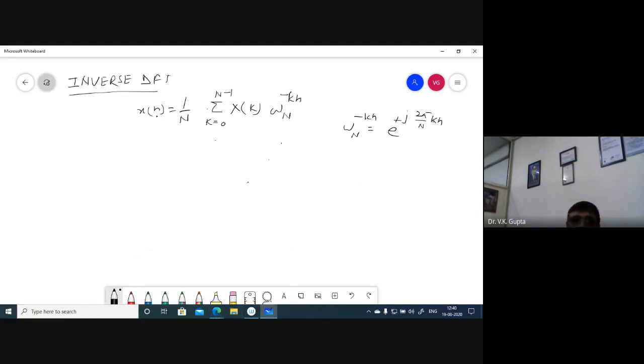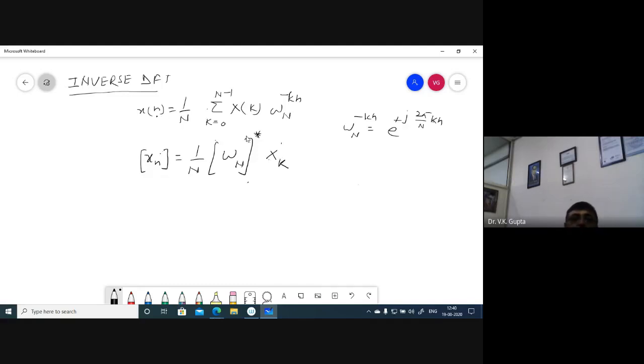Now using this matrix method, we can write the x[n] matrix is equal to 1 upon N times the linear transformation matrix W_N conjugate, since minus here we have put conjugate, into the X[k] matrix.